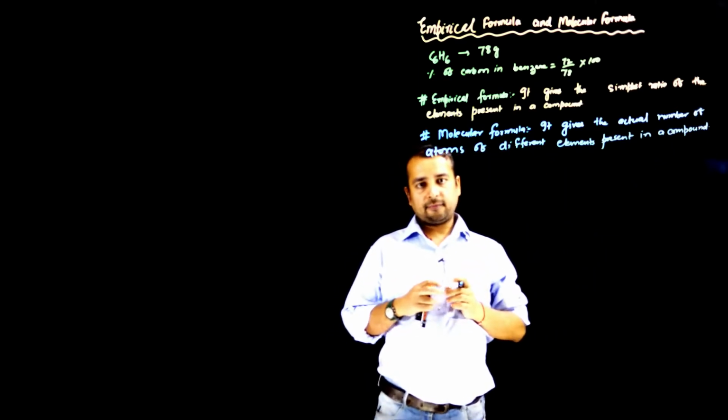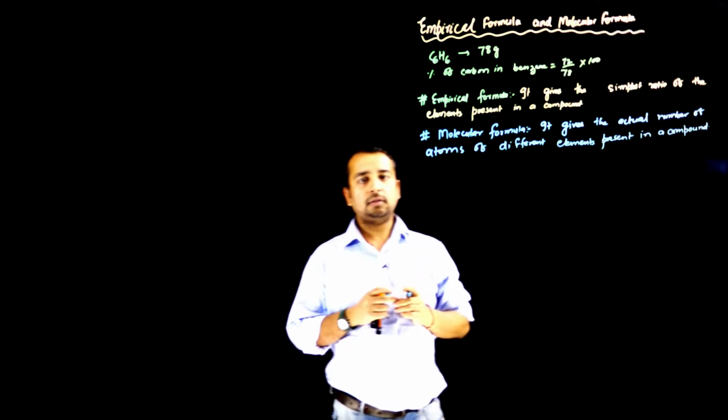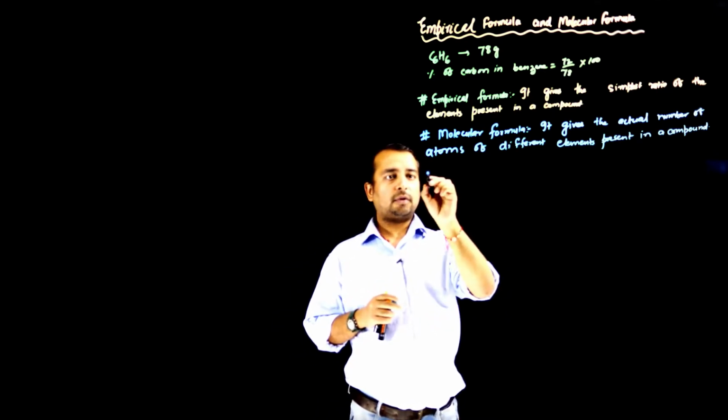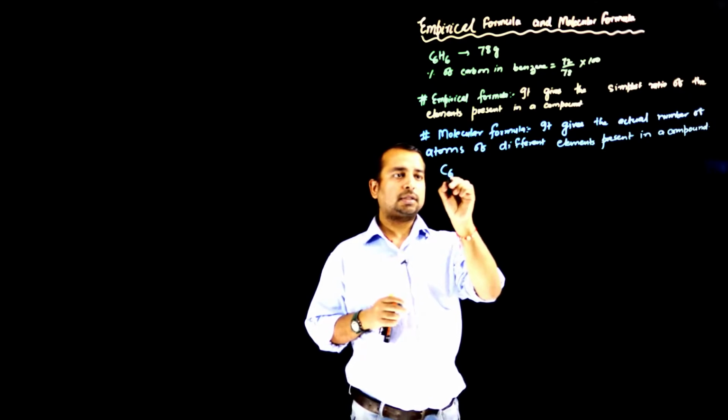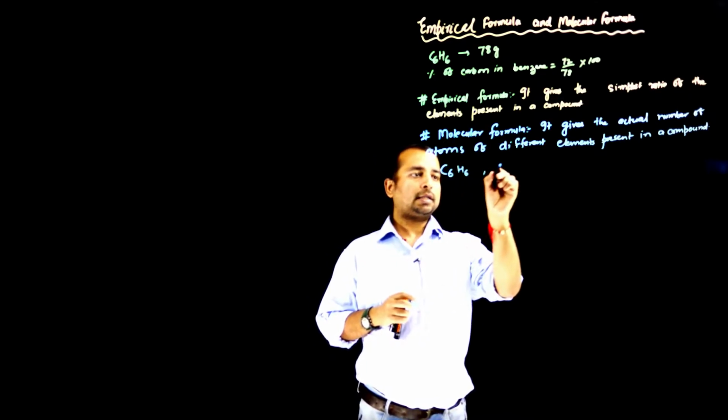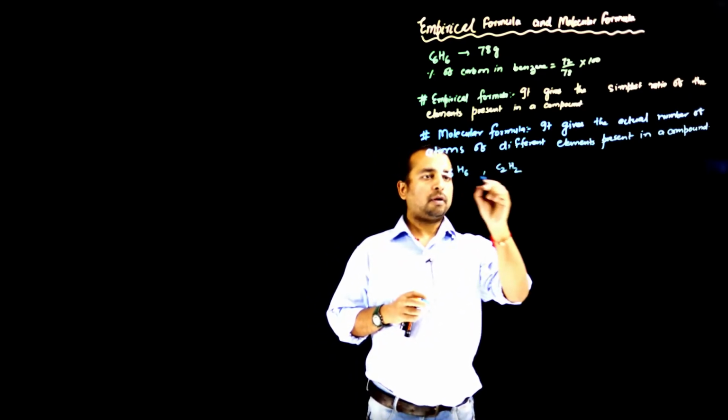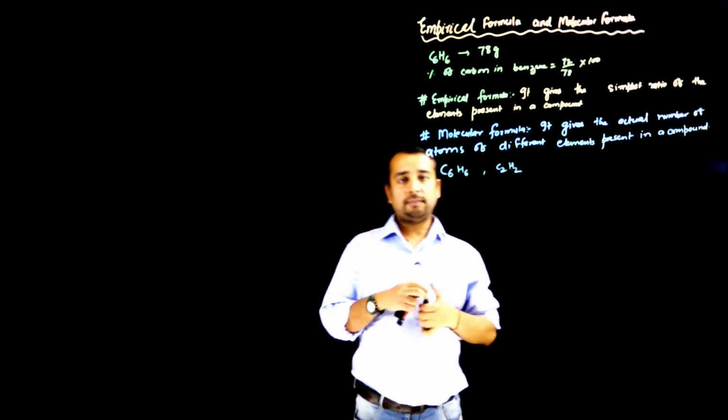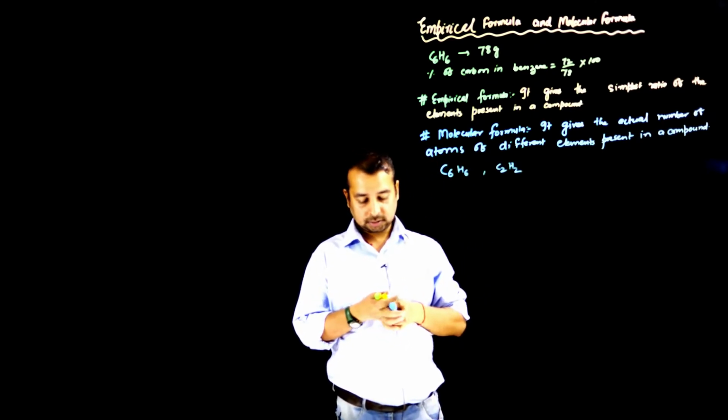Like if we take two molecules, benzene and ethyne, their molecular formulas are C6H6 and C2H2. For both these compounds, the empirical formula will be CH.